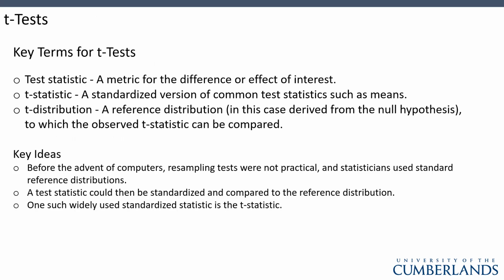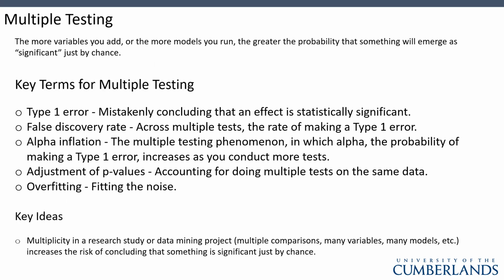Some of the terms for the t-tests are test statistics, t-statistics, t-distribution. So all of those are key terms for the t-tests. Multiple testing: type 1 error, false discovery rate, alpha inflation, adjustment of p-value, and overfitting.